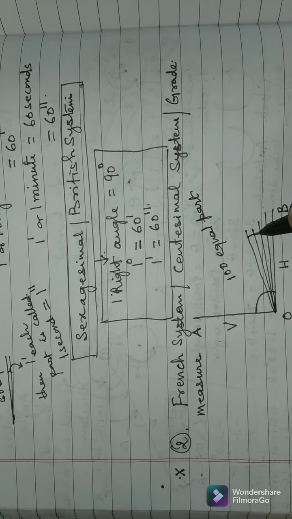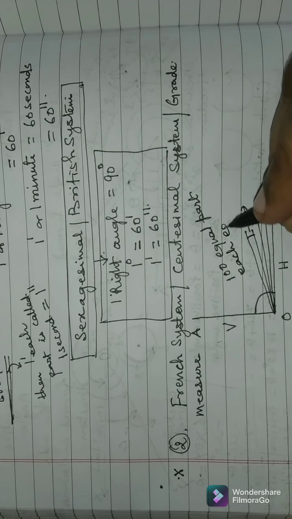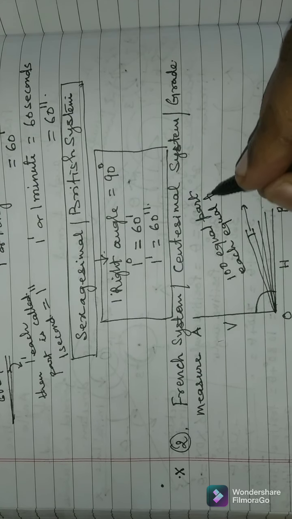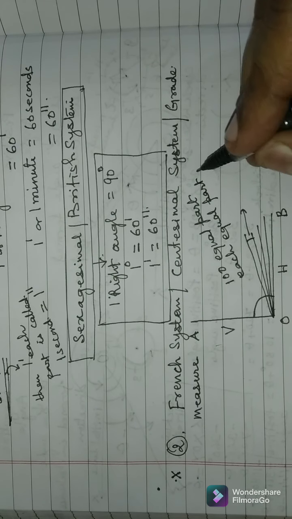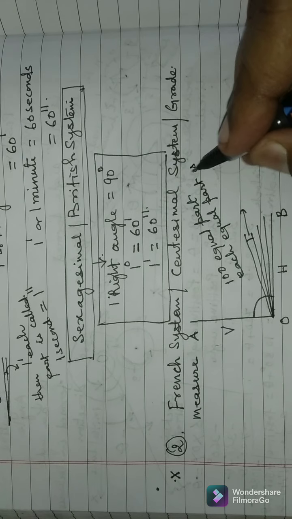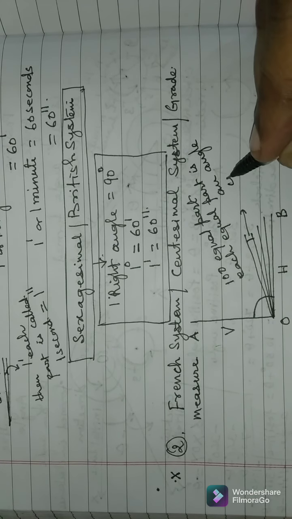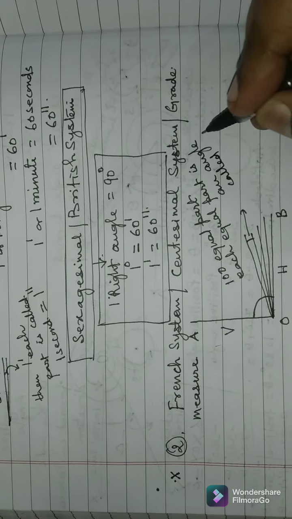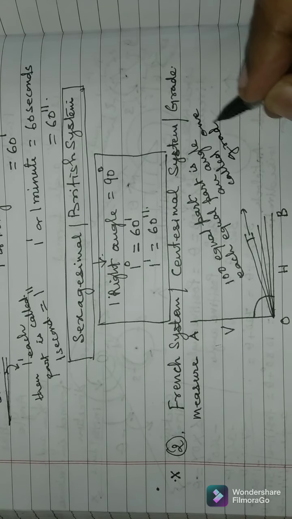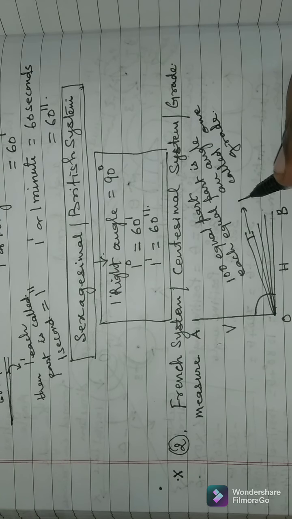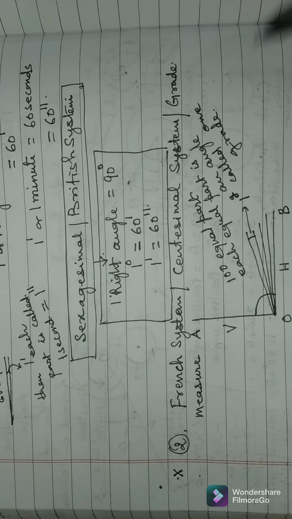And each equal part represents an angle called one grade, and this is written as 1 with a superscript g.